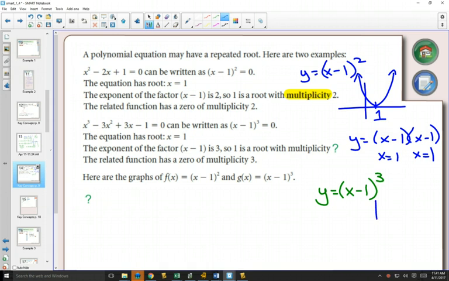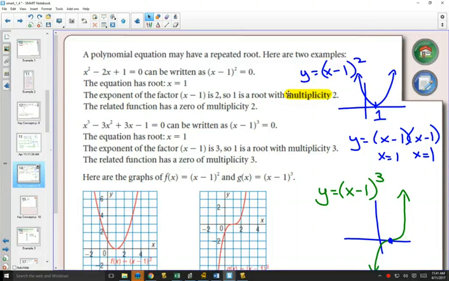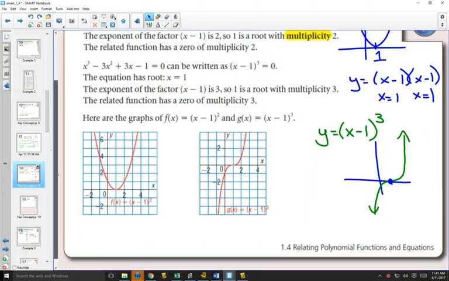And what does an x cubed graph moved 1 to the right look like? It looks like this. So now we have an x-intercept. It has a multiplicity of 3. And at our x-intercept, instead of going straight through, it bends as it goes through. So those are those two graphs.